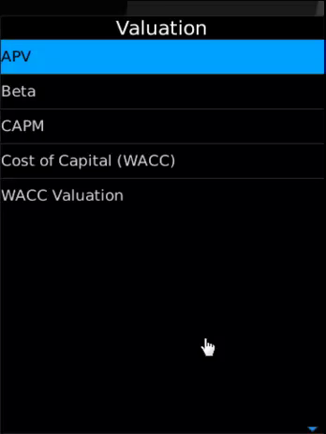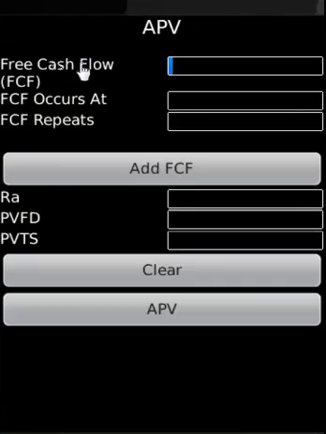Valuation BlackBerry application calculates adjusted present value, beta, CAPM, cost of capital WACC, and WACC valuation. So adjusted present value, what we do is we enter the cash flows, and we can specify the time the cash flow occurred, or we can leave it, it will start from 1, and then cash flow repeat.